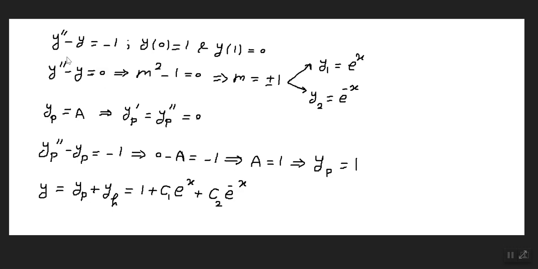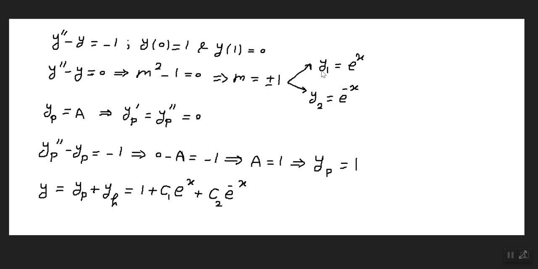Okay, if you remember, first we have to solve the homogeneous equation. So y double prime minus y equals 0, and this is the auxiliary equation. The roots of the auxiliary equation: we have two distinct real roots, plus minus 1, right?